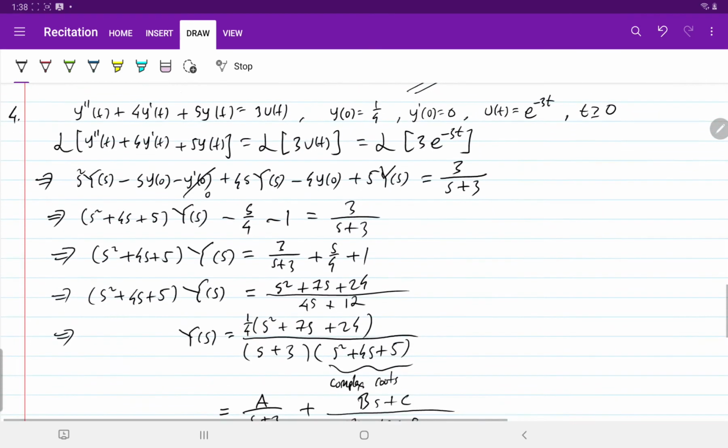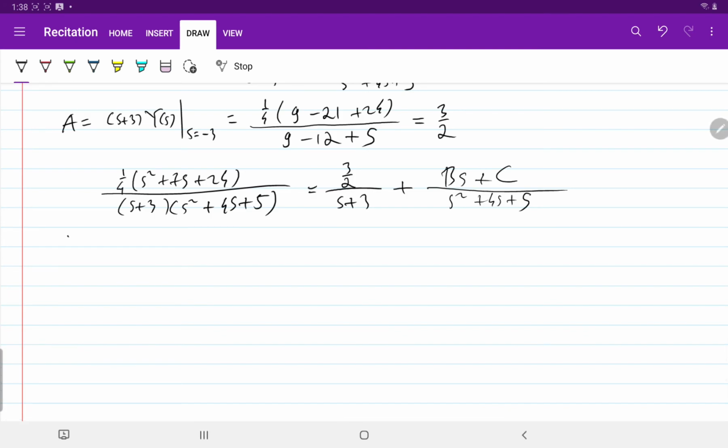You should be able to find B and C, and I found that B is minus 1.25, so minus 5 over 4, and C is minus 0.5, or minus 1 half. Okay, so you should be able to check if my calculation is correct.